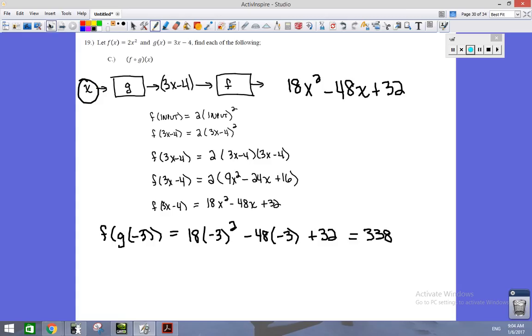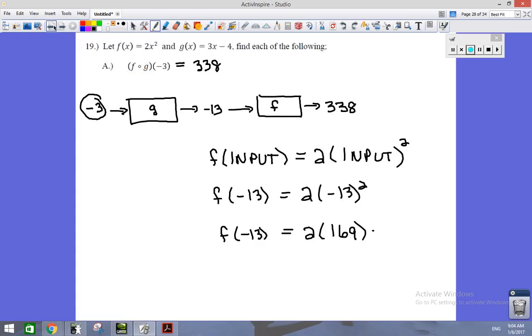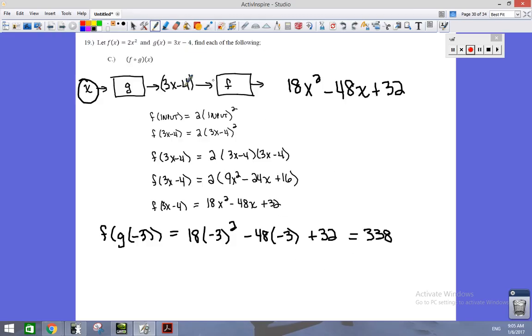We've got to search through it. So hey, I'm pretty confident now that that 338 was correct because I got the same answer in two different ways. I applied the functions one at a time there, and in part C, I just jumped in and found the formula, plugged in -3 directly into the formula and got the same answer.